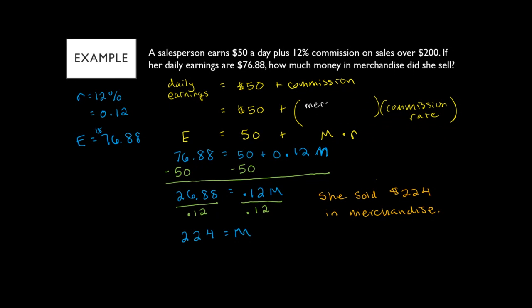To do that, we have to subtract 200 from the cost of the merchandise before we multiply the commission rate because it's only the stuff over 200. So what that changes with this formula here is that it's going to be M minus 200 and then multiplied by the rate.